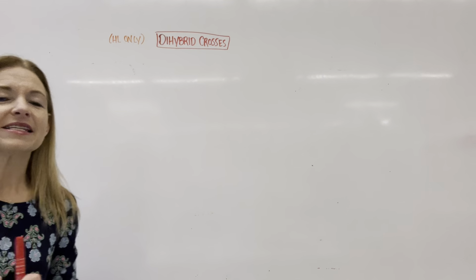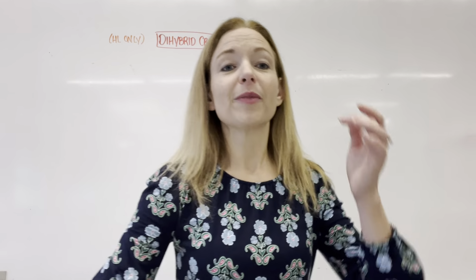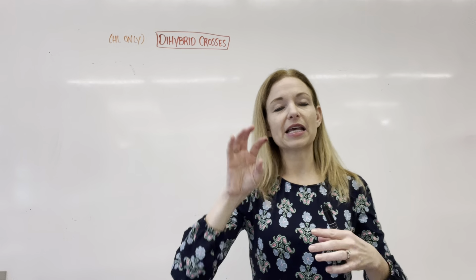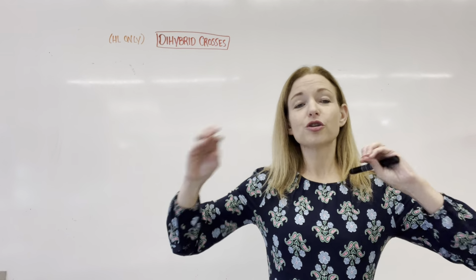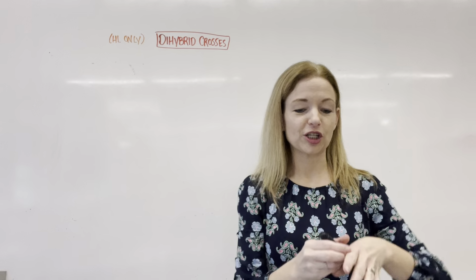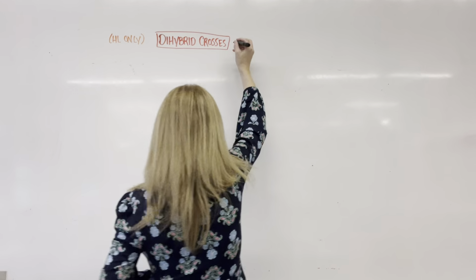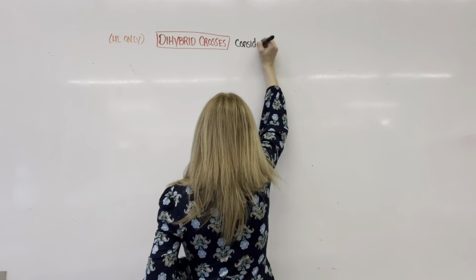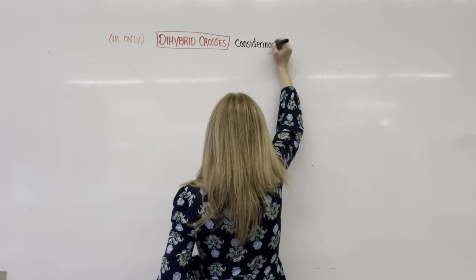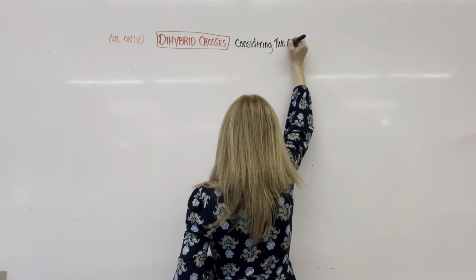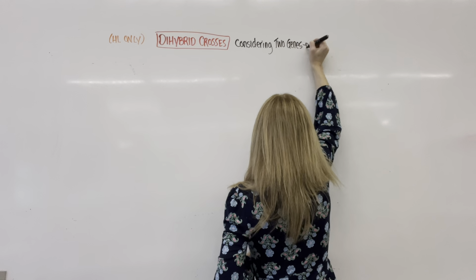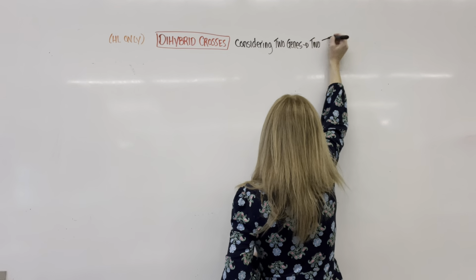And so what is distinct here, different from a polygenic trait, is that we are now looking at two genes and two traits. So they're two separate genes, but they're also two separate traits. So we are considering two genes that cause two distinct traits.